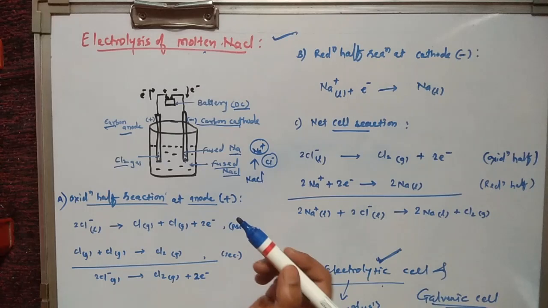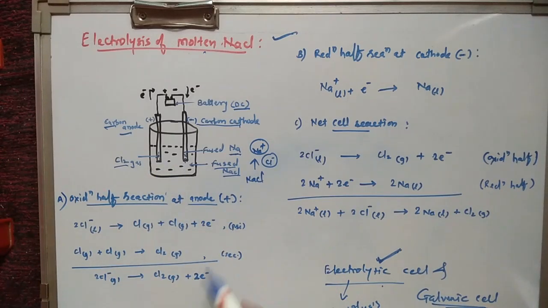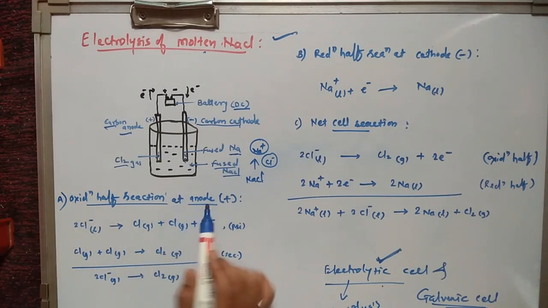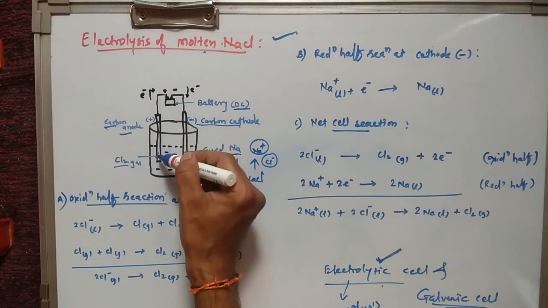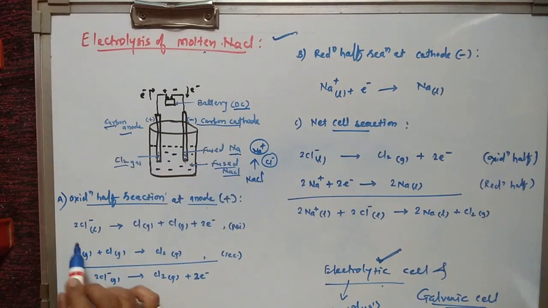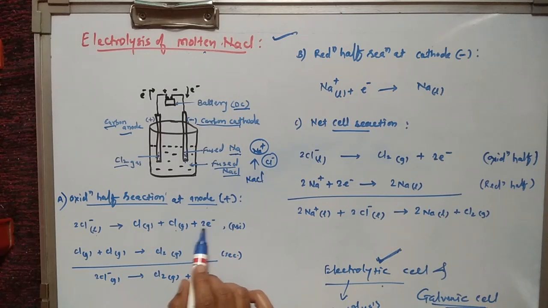Now the electrolytic reactions, the reactions of electrolysis, are studied as under, that is, the reaction taking place at the individual electrodes is written here. The first is the oxidation half reaction at the anode, the positive electrode. At the positive electrode the Cl minus gets attracted. So here 2 Cl minus (liquid) form 2 Cl atoms plus 2 electrons.